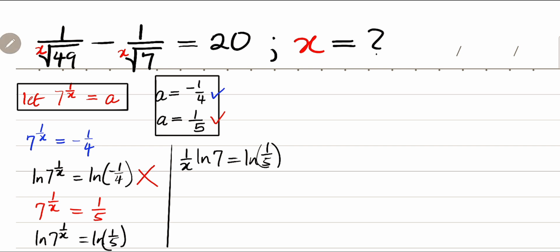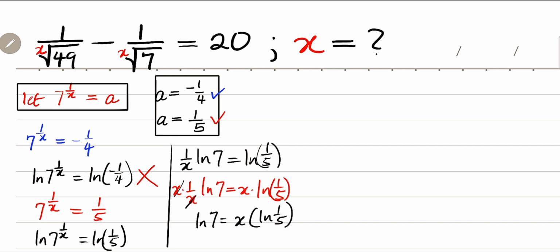Then we have x times 1 over x times ln 7 equals x times ln of 1 over 5. So this clears this, and we are left with ln 7 equals x times ln of 1 over 5. Now let's divide both sides by ln of 1 over 5.